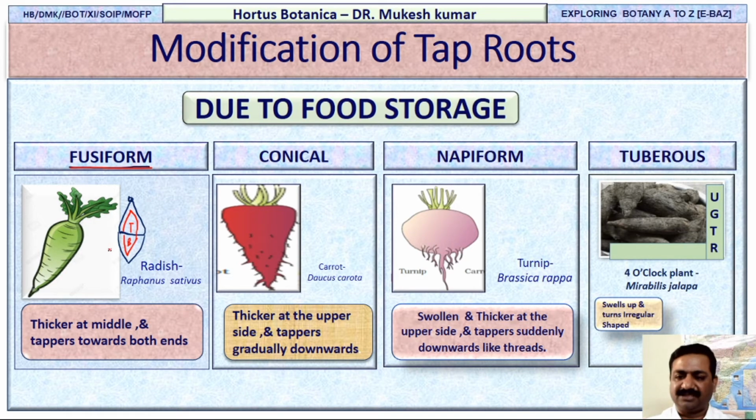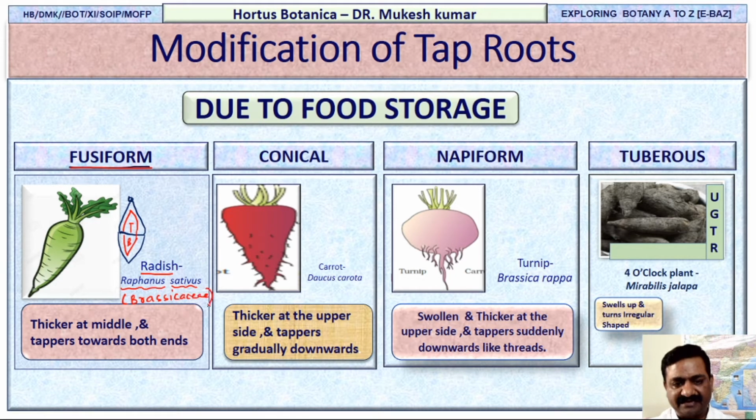It appears like a spindle-shaped structure, and this is very common in radish. What is the botanical name? Yes, the scientific name is Raphanus sativus, and this belongs to family Brassicaceae.